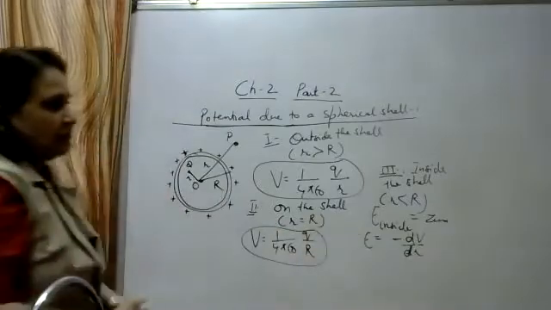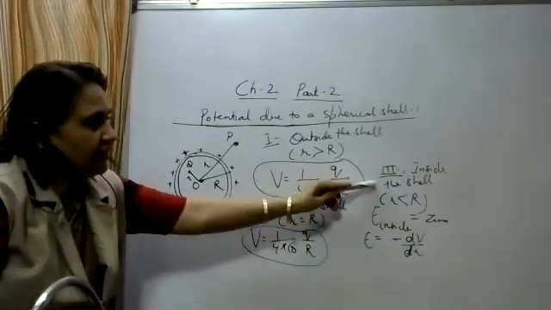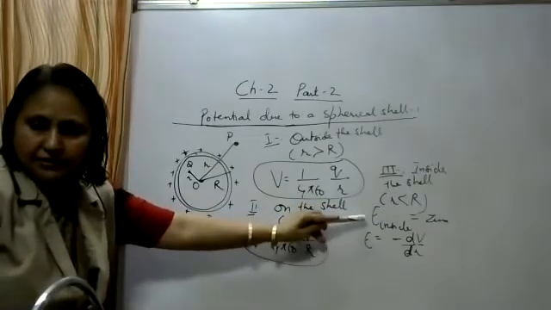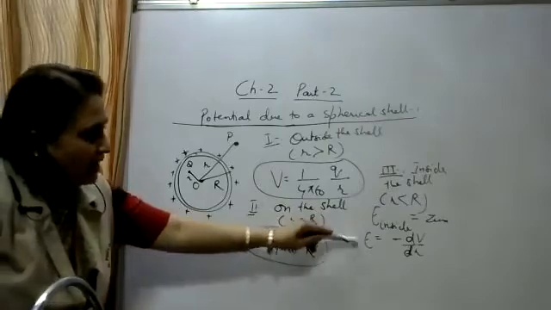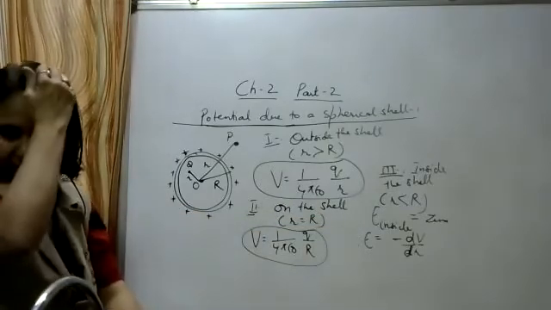So write it in the same manner. Inside the shell, r is less than capital R. Using Gauss law, we found that electric field inside is 0, and we know that electric field is the negative of potential gradient.